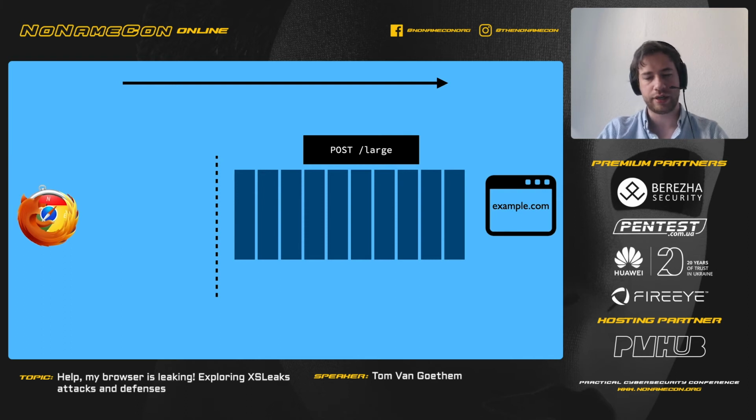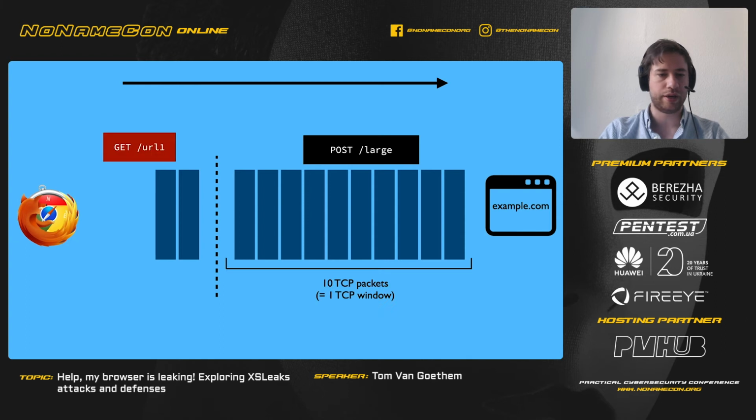And then on the network stack, it will already start queuing the rest of the request. Then when the browser makes more requests, this request will be added to the TCP packets of this large request.